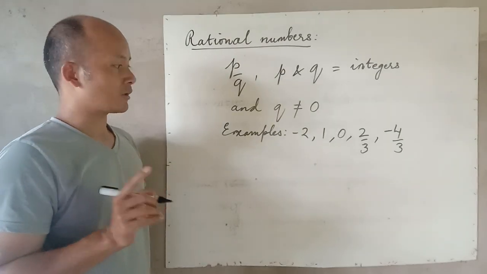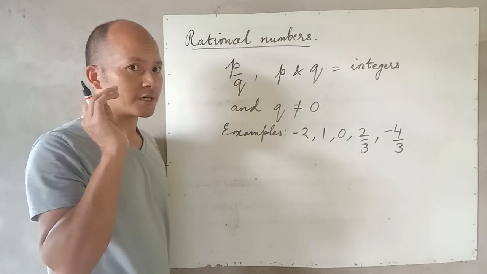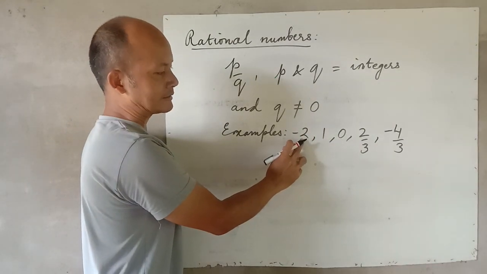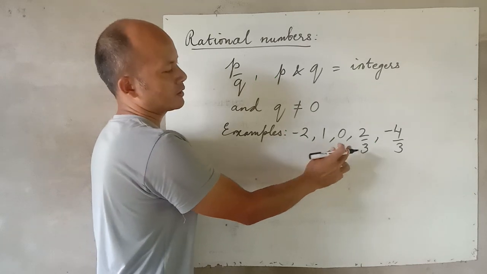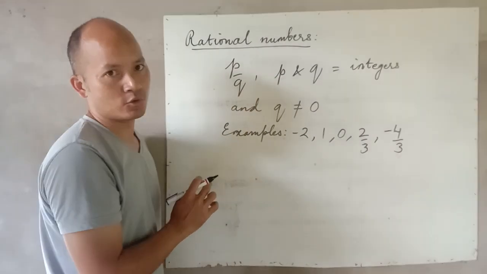Okay, so here in these examples, something may enter into your mind: how can -2, 1, and 0 be in the form of P by Q?